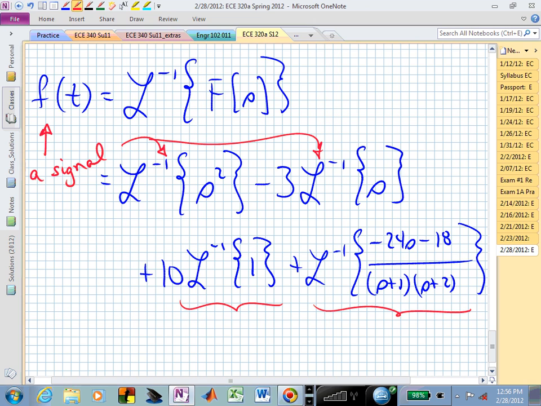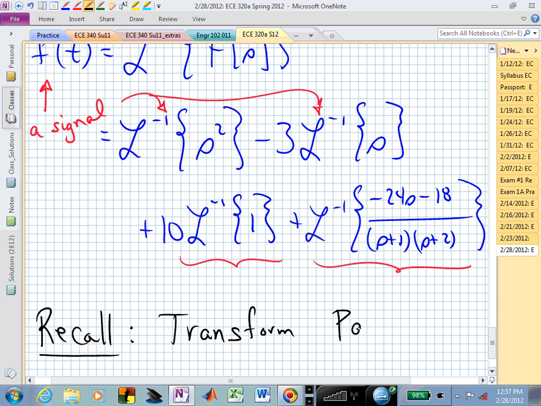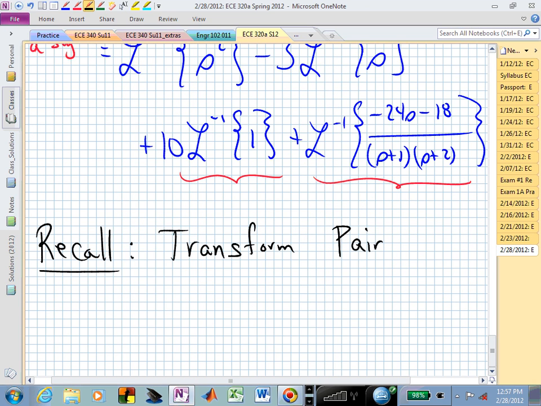Let's start maybe with transform pairs. We've already learned some, hopefully. And what was the Laplace transform?